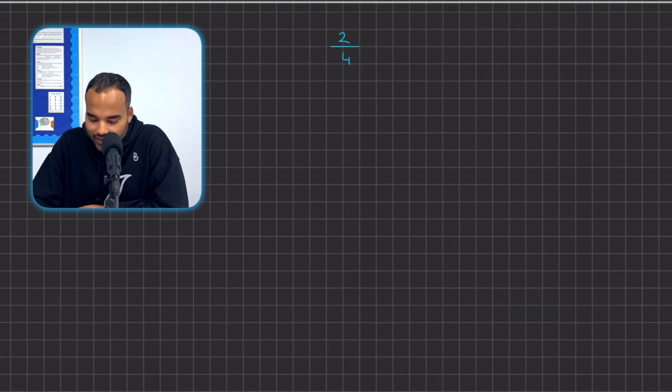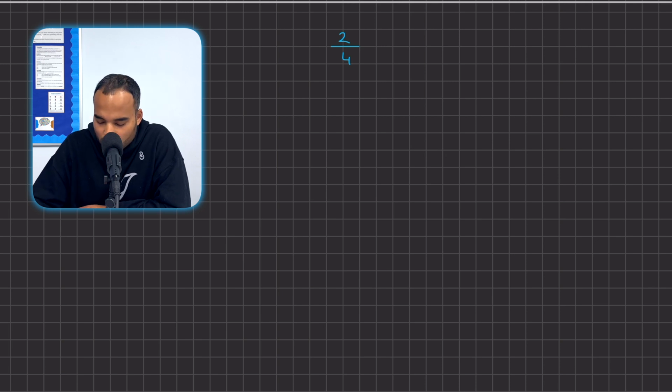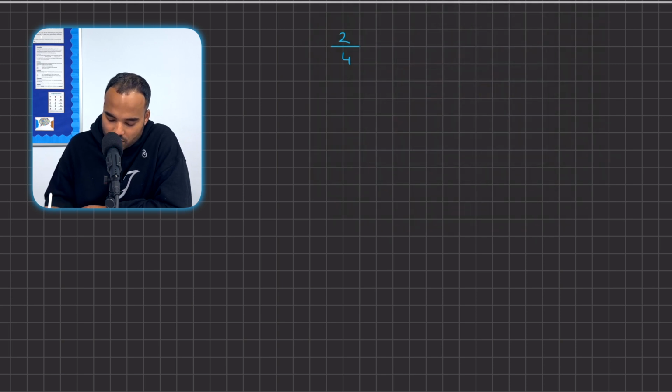Is this fraction in its simplest form at the moment? Well, no, right? Because there is a number apart from 1 that does go into 2 and 4. That number is 2. 2 can be divided by 2 without a remainder, and 4 can be divided by 2 without a remainder. So let's divide both of them by 2 and see what we get.